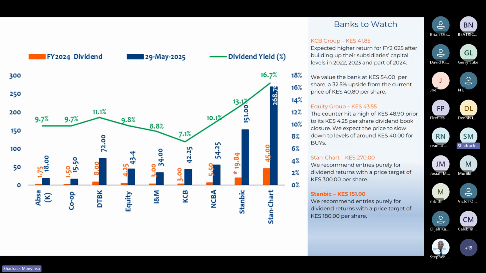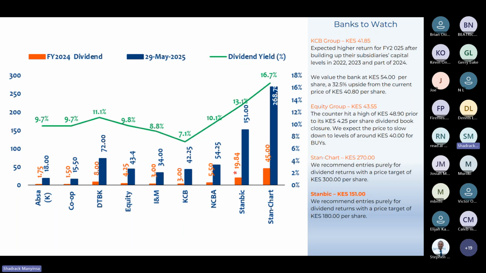They acquired Riverbank Solutions, a tech firm which will support innovations and reduce exposure to sourcing outside. So KCB remains top on the list, with a buy recommendation and a price valuation of 54.